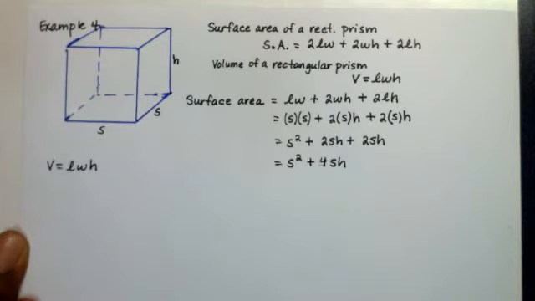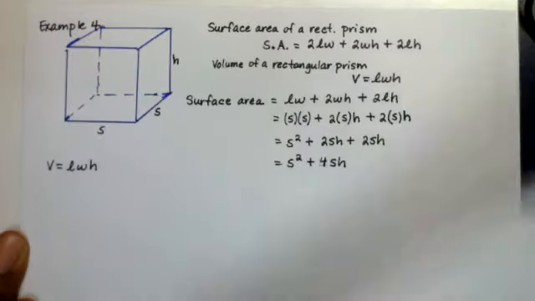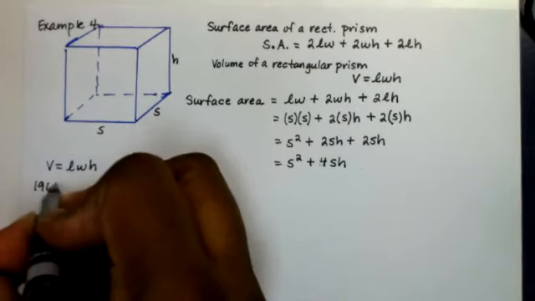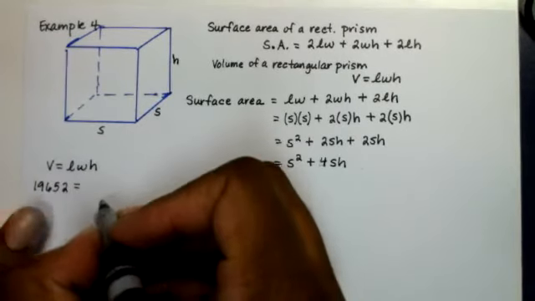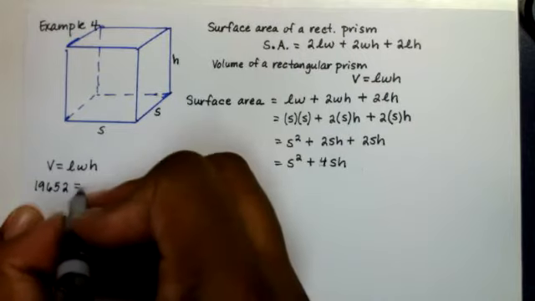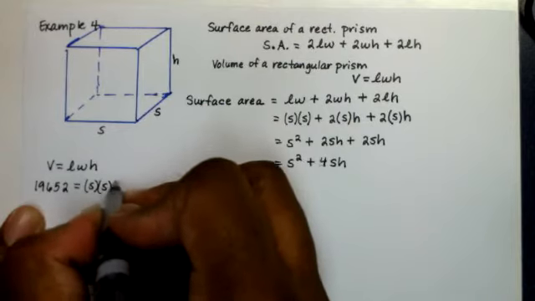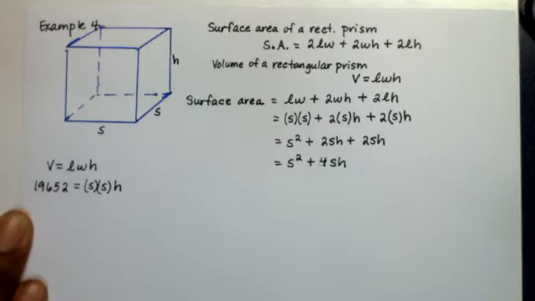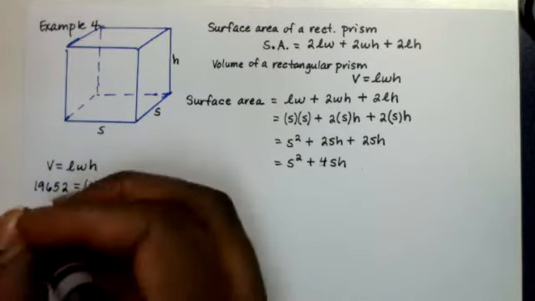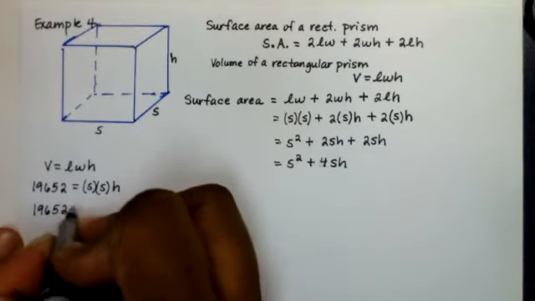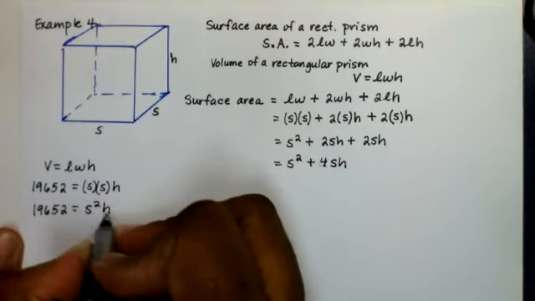That's the volume of a rectangular prism. You're given that the volume was 19,652 cubic feet. So 19,652 is equal to the length, which is S in this case, times the width, which is also S, times the height. S times S is S squared, so 19,652 will be equal to S squared times H.